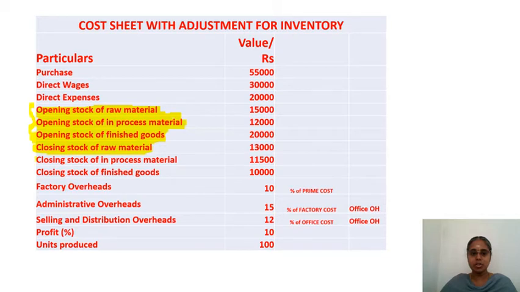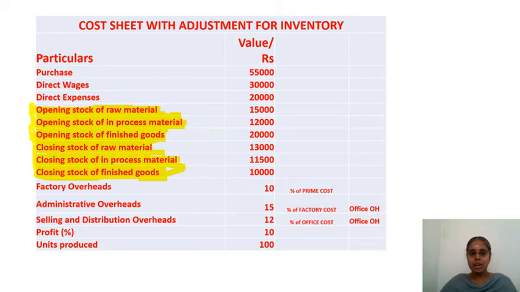Similarly, in-process material, closing stock of finished goods. Every month start, they will take the data like this in a spinning mill. This is a usual thing that they follow.